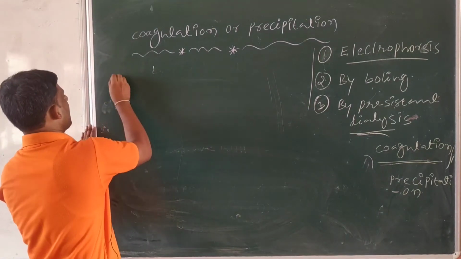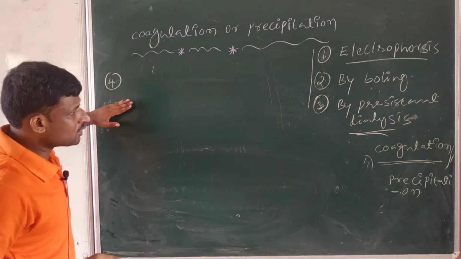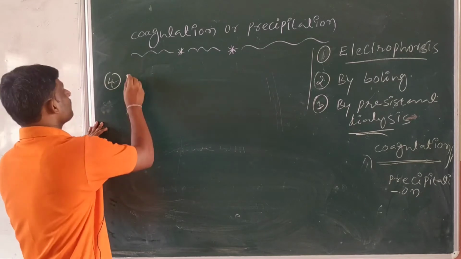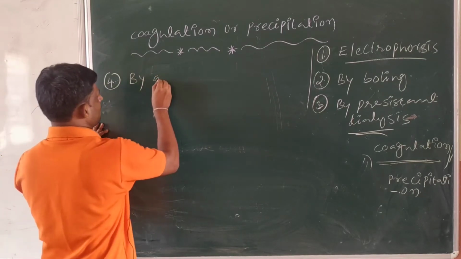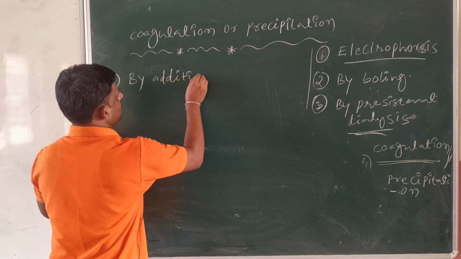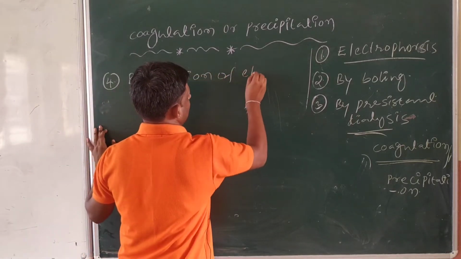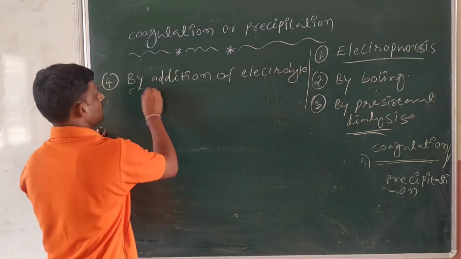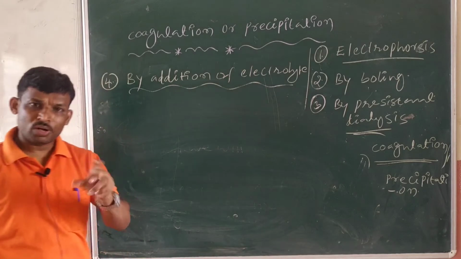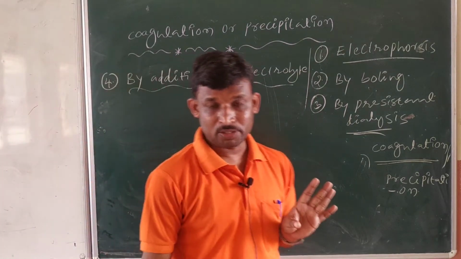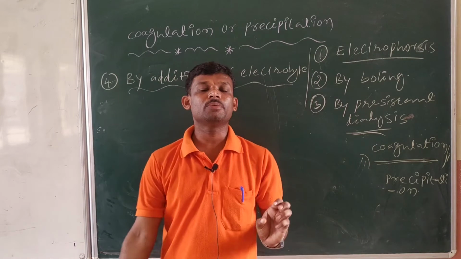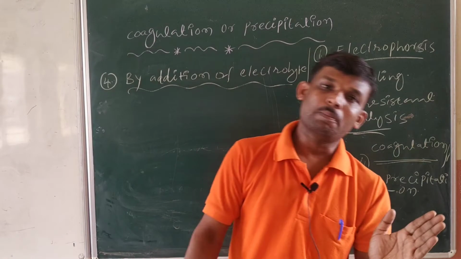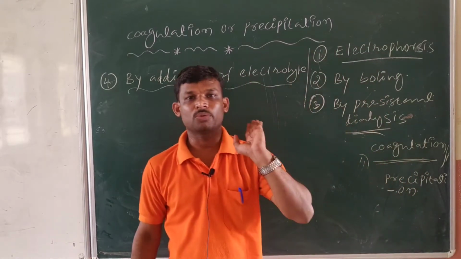All those other things are normal, but this is the very important one. How does the addition of electrolyte have an effect? When we add an electrolyte to any solution, it can dissociate into positive and negative particles. You know that very well.